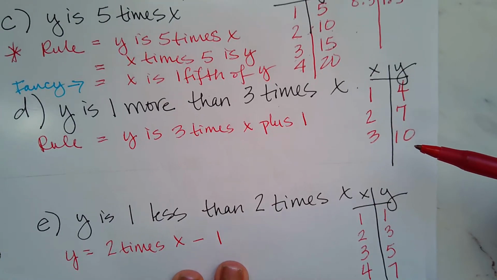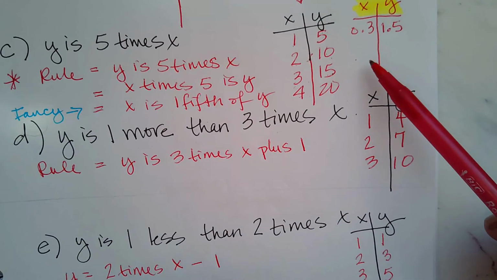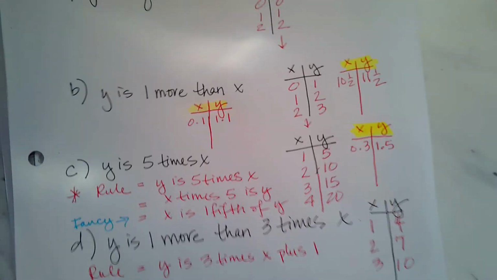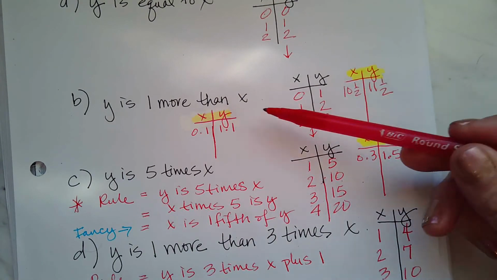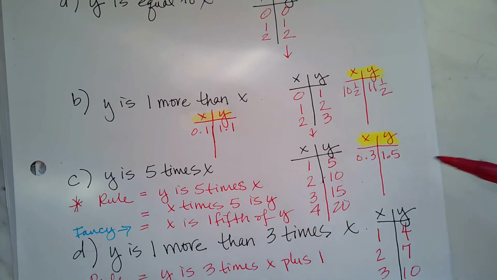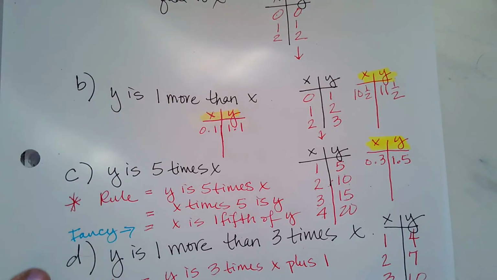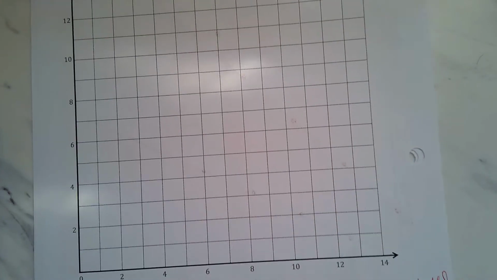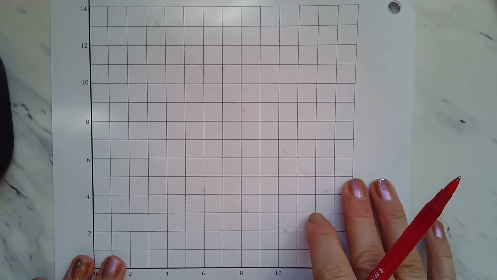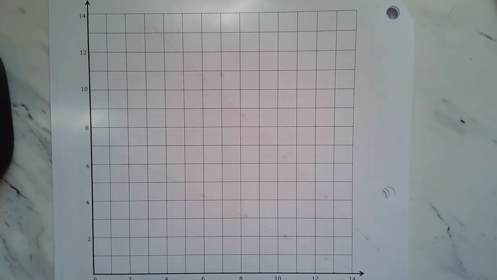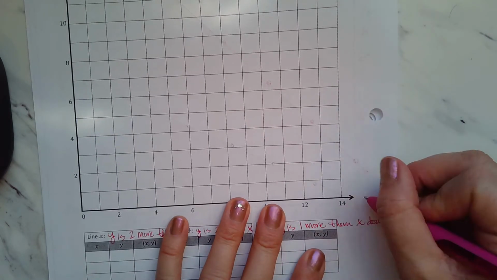All right, make sure you go back and see if you can finish these up. And now we're moving on. We're moving back to this template right here. So of course, what are you going to do first? Label the x and y axis.